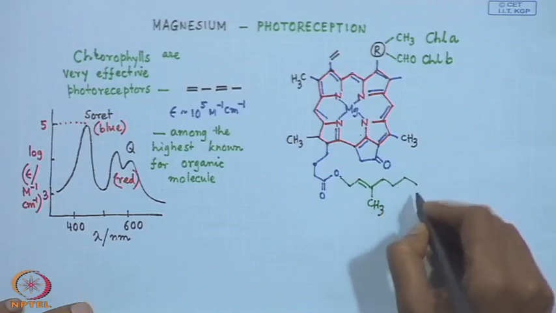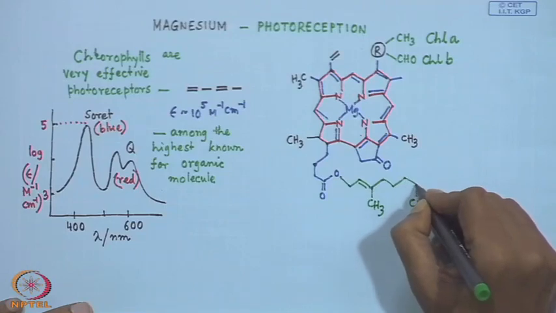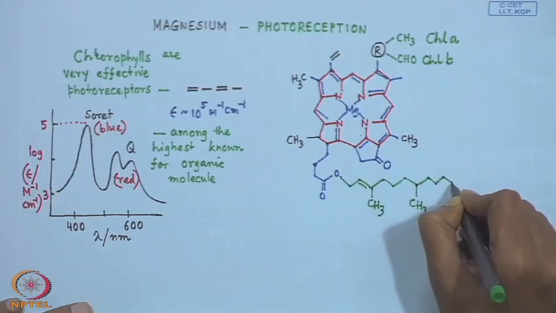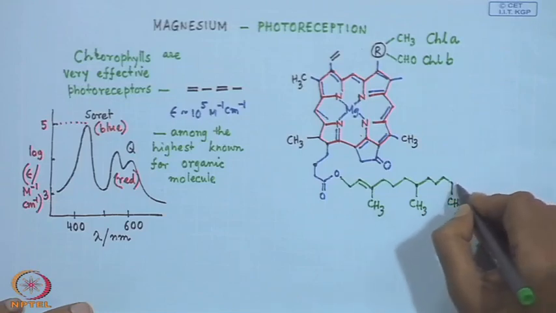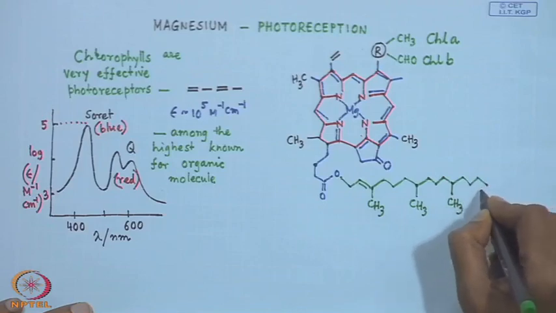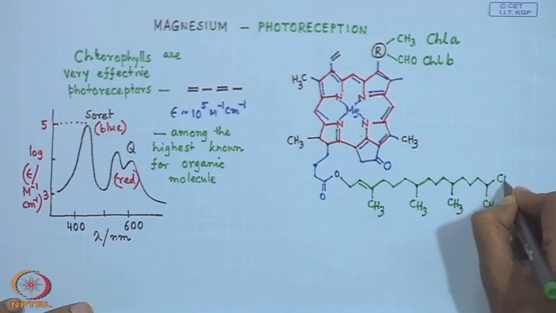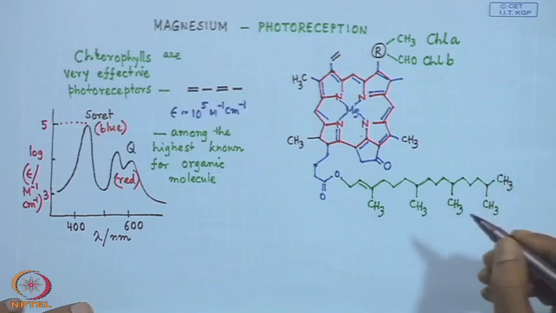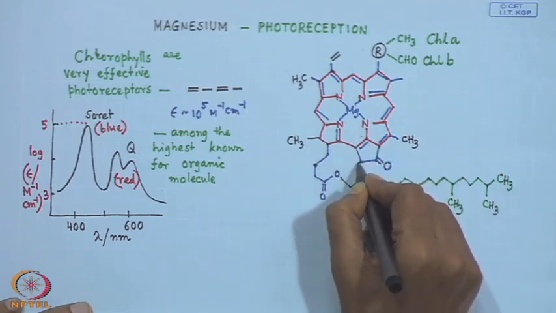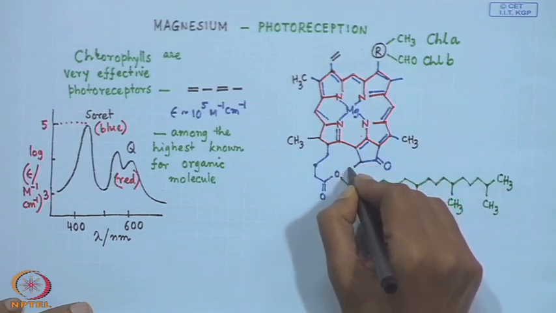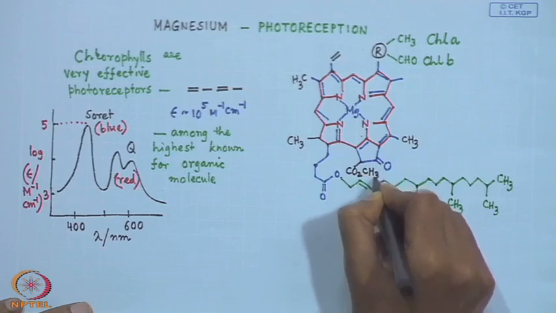So, one long chain is attached. Very much symmetrical also. And this cyclopentanone ring has also a carboxy ester end, methyl carboxy ester end.